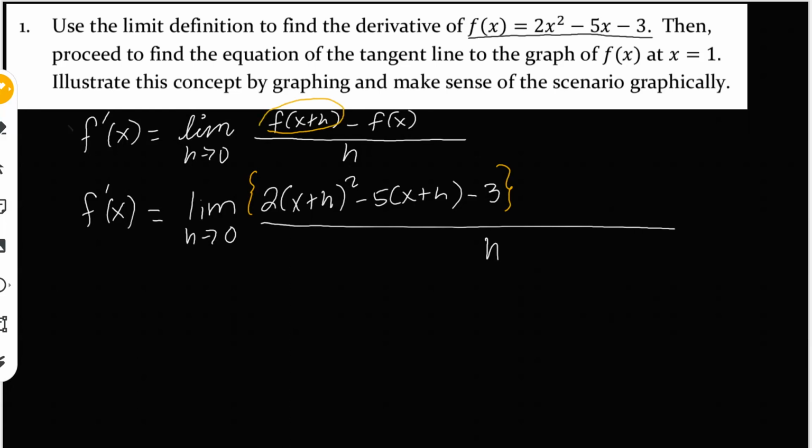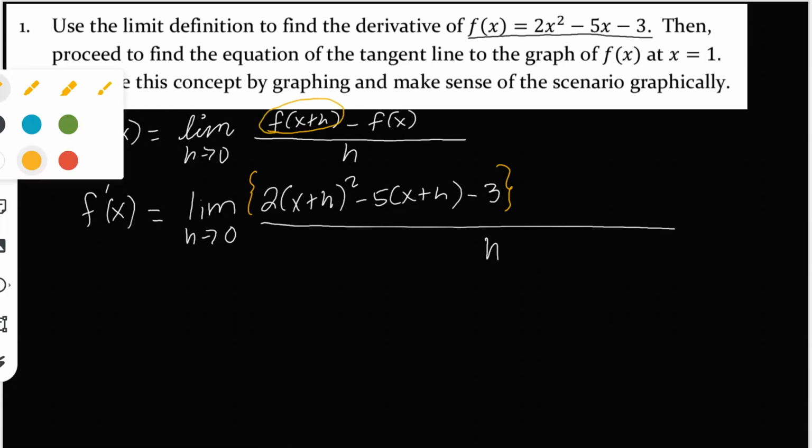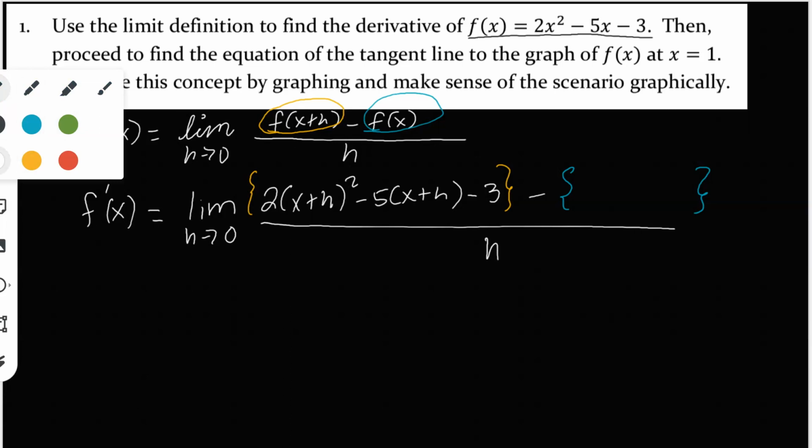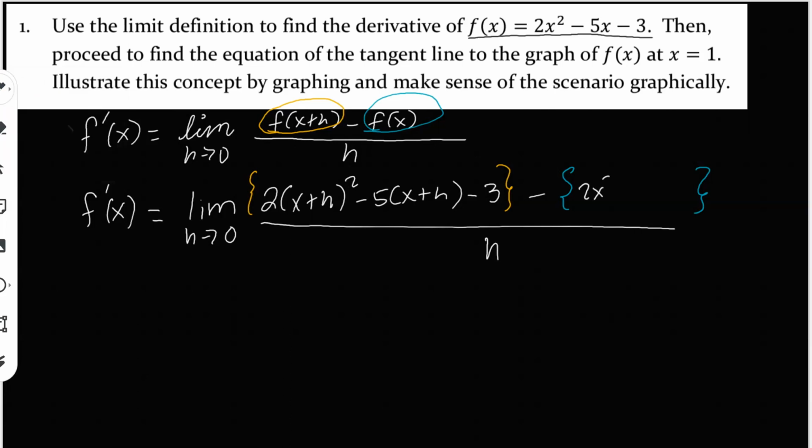That's this part right here. Minus the second part, which is f of x. So what is f of x? f of x is the function, which is 2x squared minus 5x minus 3.